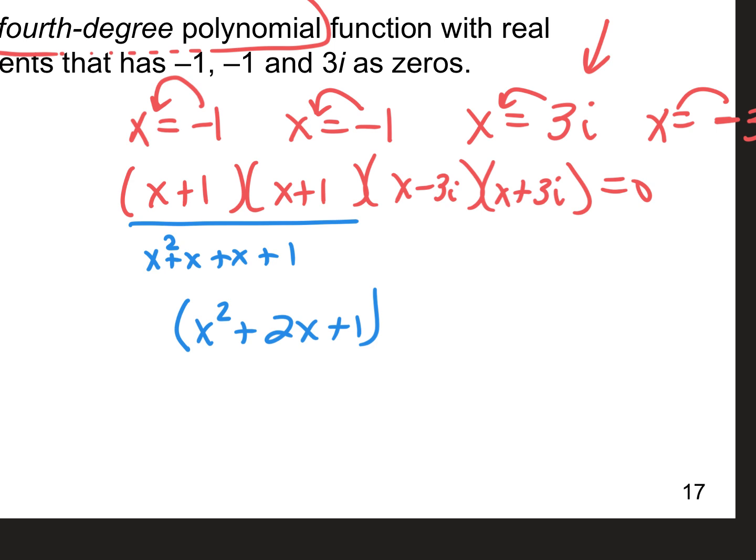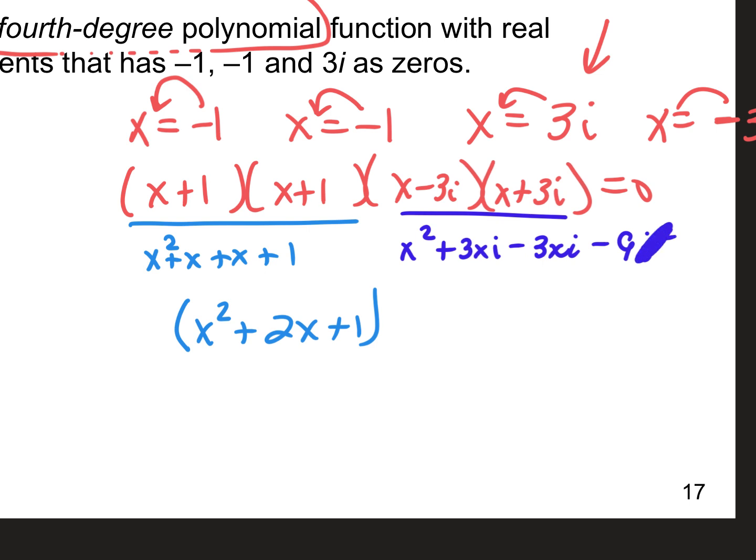All right? Fair enough? So now I'm going to do these two, the two imaginaries. When I multiply, x times x is x squared. X times 3i is plus 3xi. Don't worry about how you write it. What's negative 3i times x? Minus 3xi, right? And what's negative 3i times the positive 3i? Negative 9i what? Squared. As soon as you see that squared, guys, what do you do?